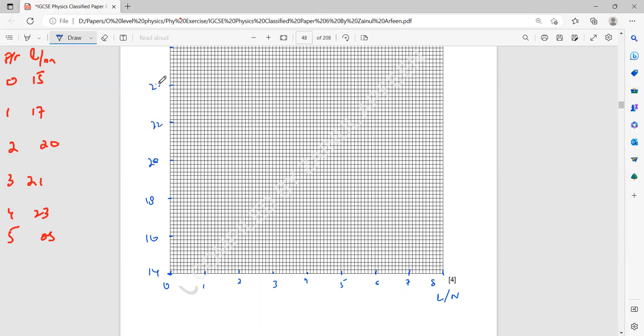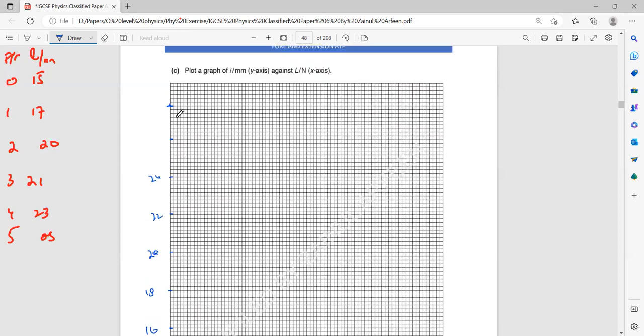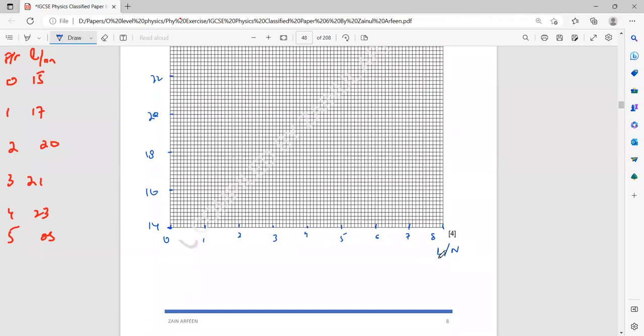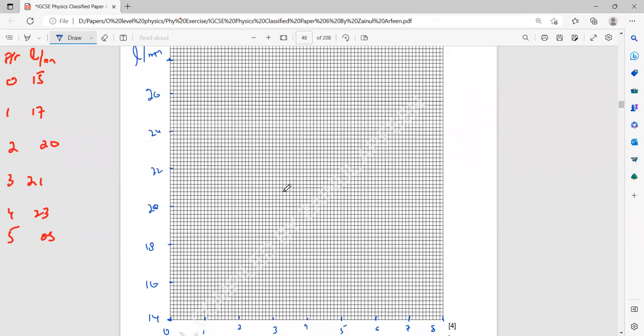About more than 70% of the axis I use, so that is appropriate. And here I plot length and the unit is millimeters, so I'll write millimeters. So on x-axis we have load, on y-axis we have length.